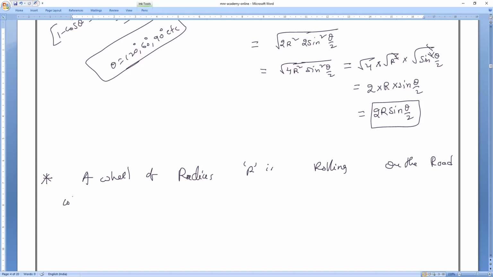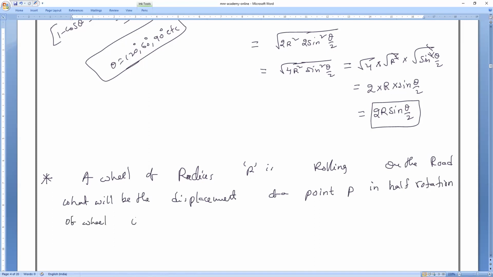I will show you the diagram. What will be the displacement of point P in half rotation of the wheel on the road?